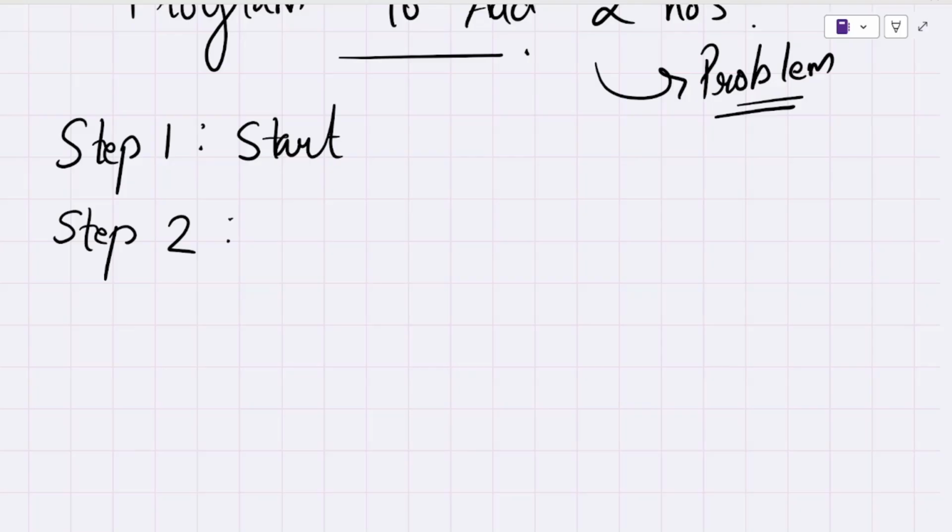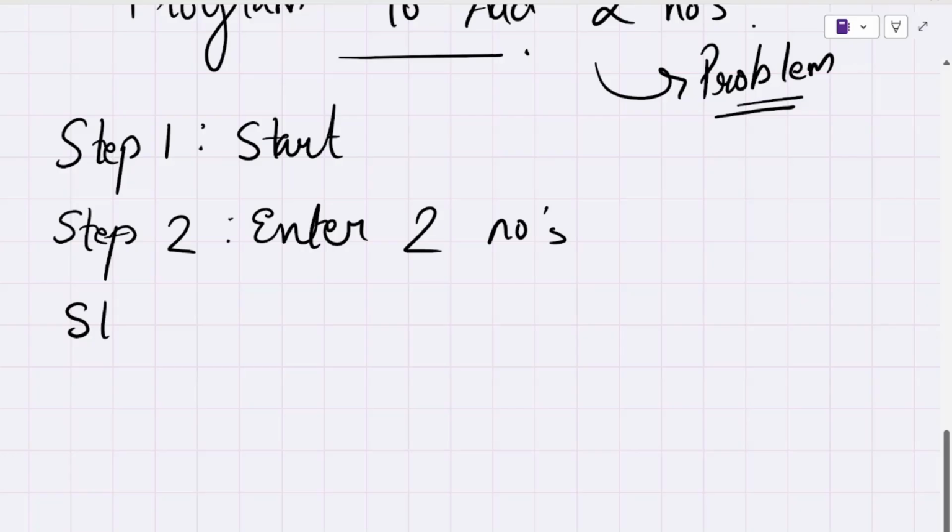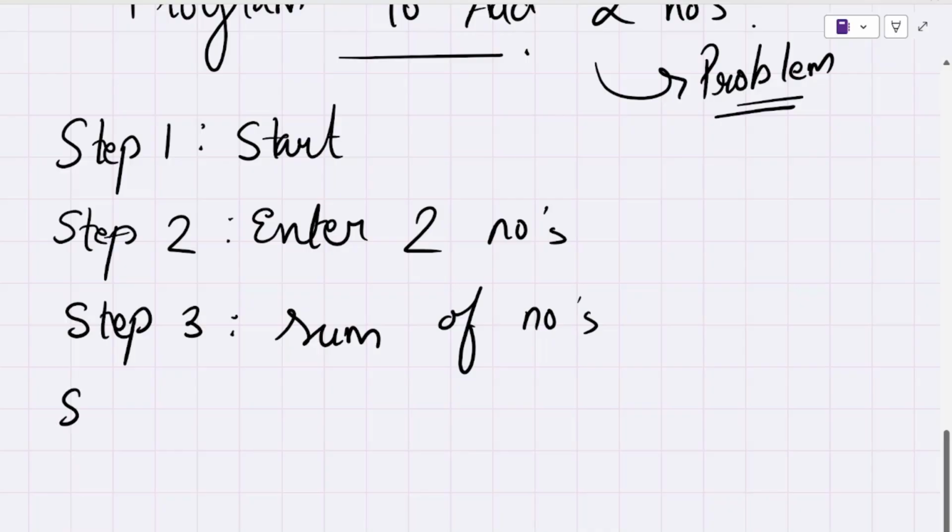Our problem is to add two numbers. For that, we need the input. We need the user to enter two numbers. So, step 2 is enter two numbers. Once you have entered the two numbers, now the operation can be made. So, step 3 is sum of numbers. Now, the sum of the numbers will be taken and then we want that to be printed.